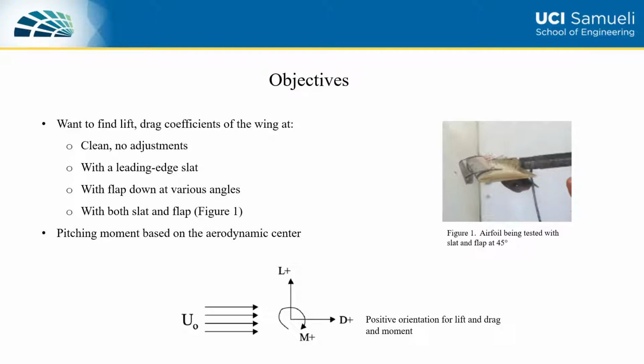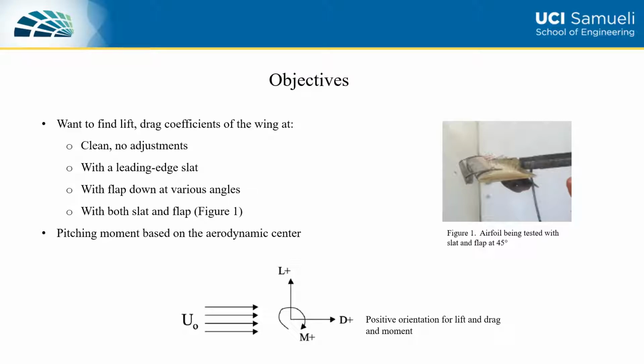Then we want to test with a leading edge slat, and then the wing with only the flap deployed at a 45 and 30 degree angle, and then both with the slat attached and the flap deployed. All of these will also be tested at various angles of attack.